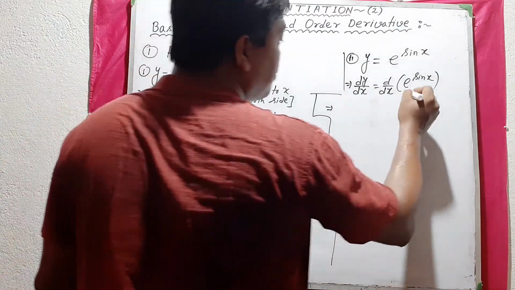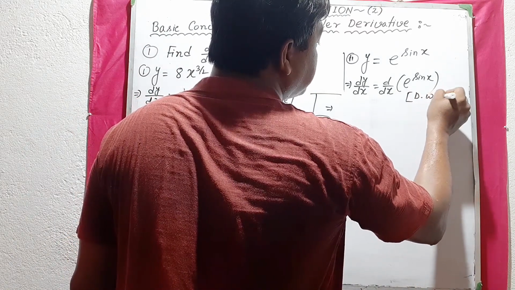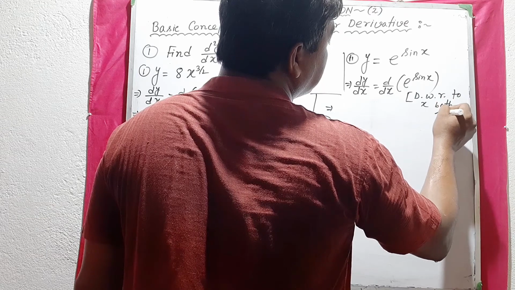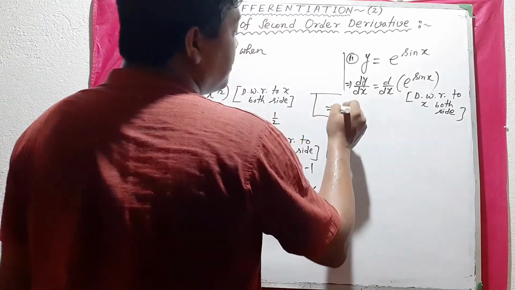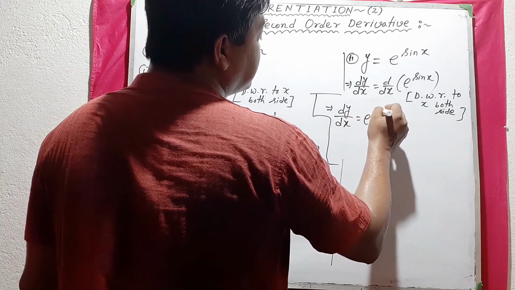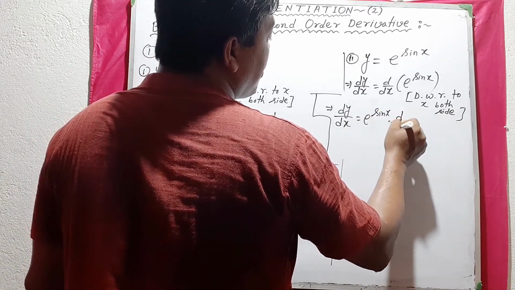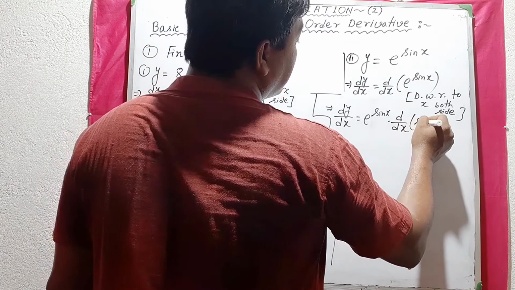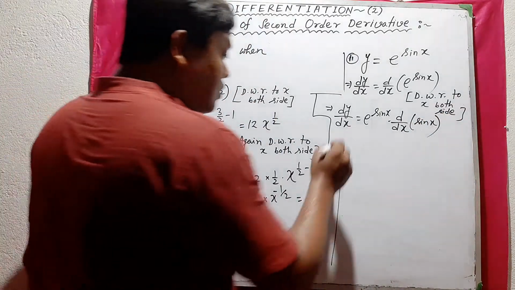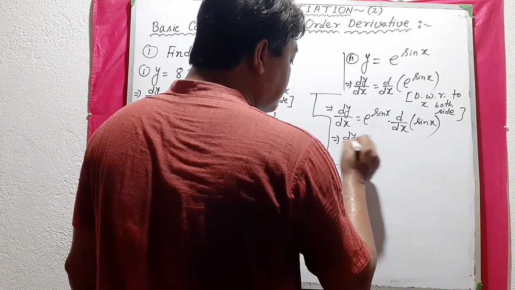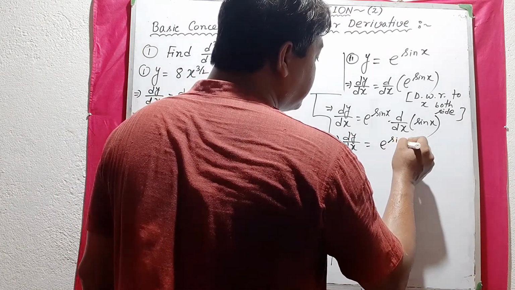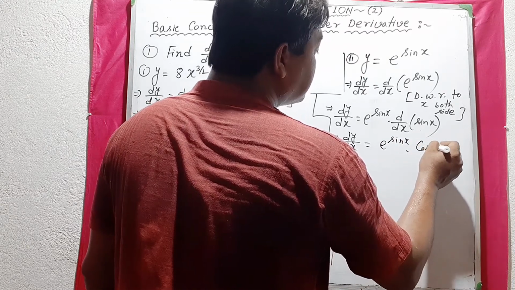We have to write down here, differentiate with respect to x both sides, and dy/dx equals e to the power sin x times d/dx of sin x. We have already done this type of derivative. So dy/dx equals, the derivative of sin x is cosine x, so e to the power sin x into cosine x.